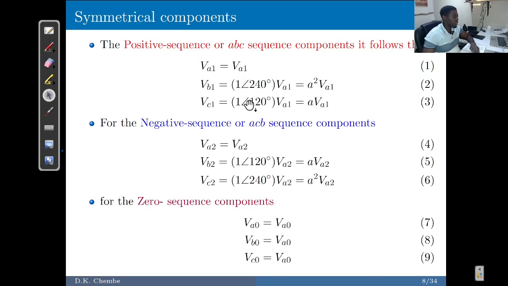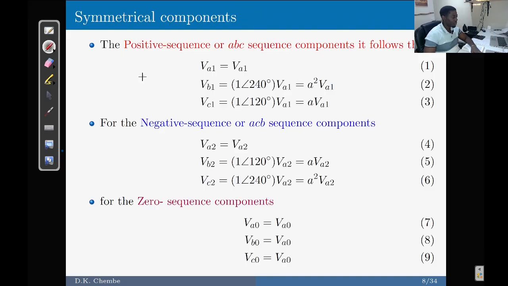So what you see for the positive sequence, between the phases, you've got A, B, and C. If we take the voltage of VA1 to be the reference phasor, meaning this is aligned and there's no angle difference, then between phase A and B we're going to have 240 degrees if we go anti-clockwise from there to there.